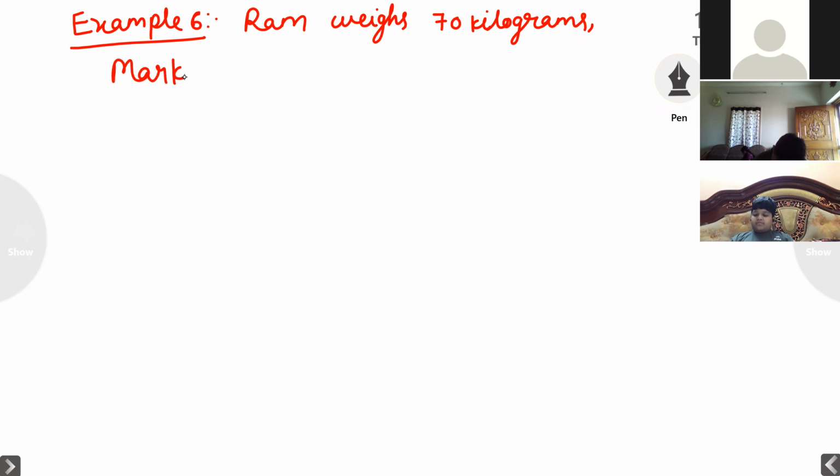Mark is not subject marks, this is one person's name. Weighs means weight, okay.